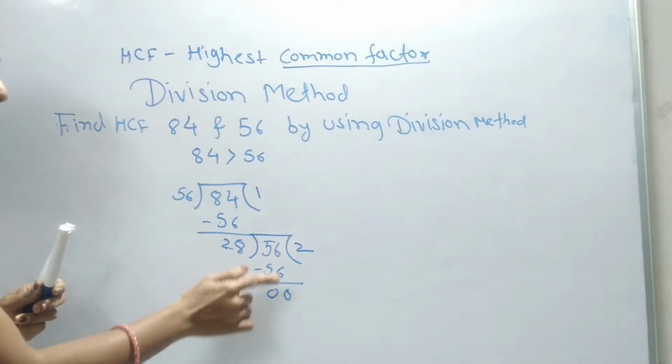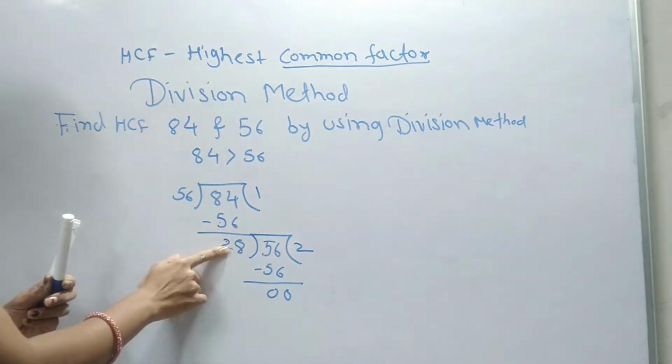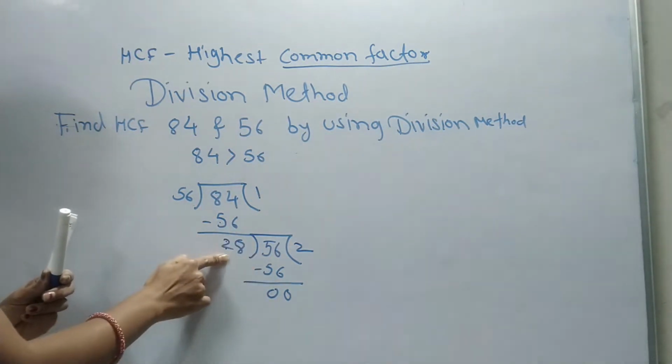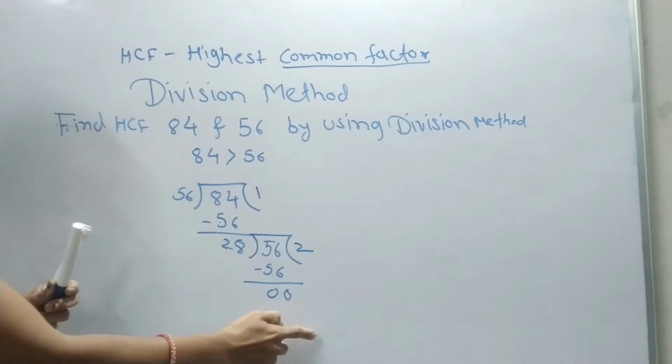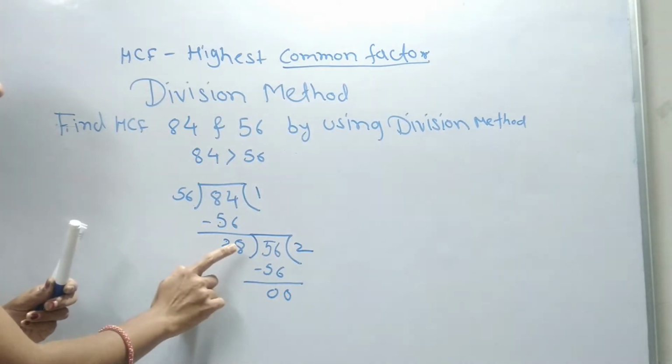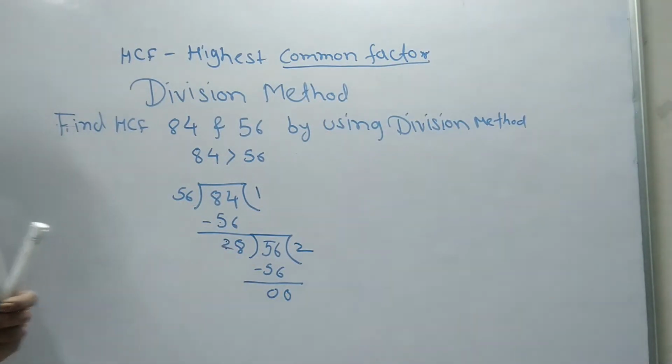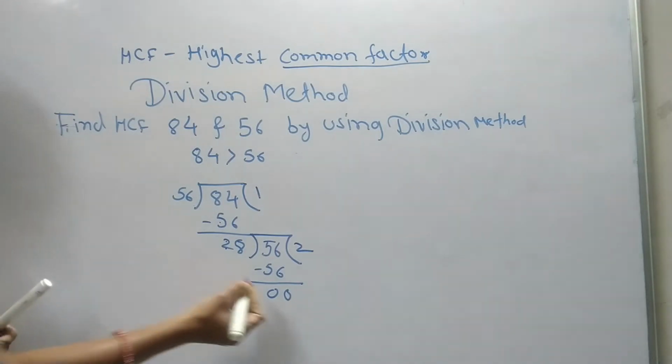What will we do? We will divide by this remainder, इस रिमाइंडर से 28 को डिवाइड करते थे. फिर से हमको अगर लास्ट में 0 मिल जाता था तो जो प्रीवियस डिवाइजर होता था वो हमारा HCF होता था. Now we got the 0 here.